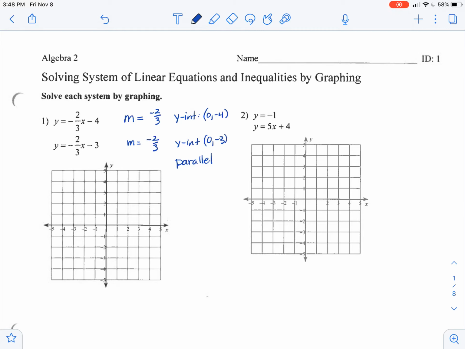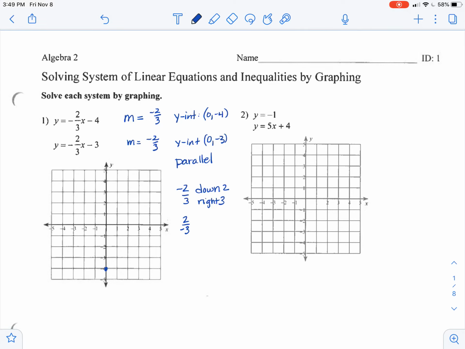I'm going to start at (0, -4). I am going to do a slope of a negative 2/3. Normally negative 2/3 would mean down 2, right 3. But in this case, I can't go down 2, so I'm going to think of it this way.